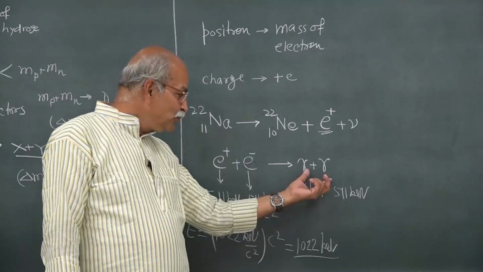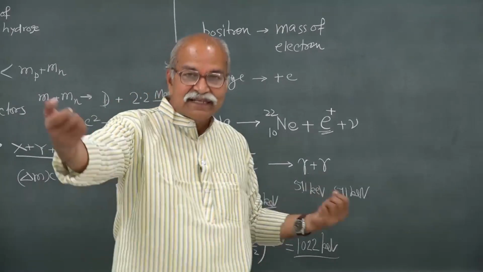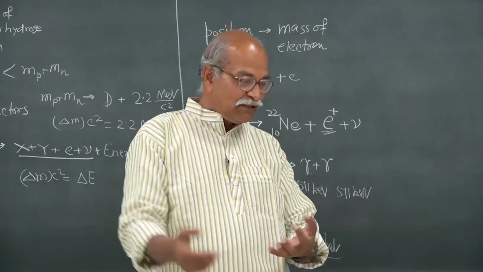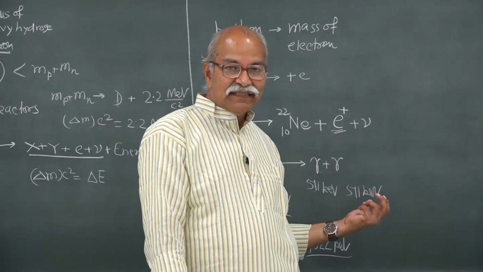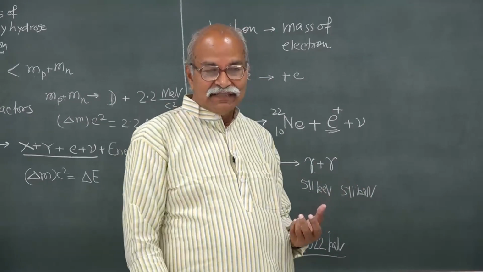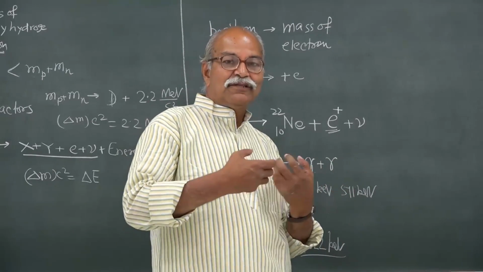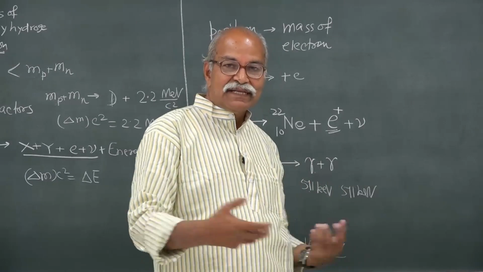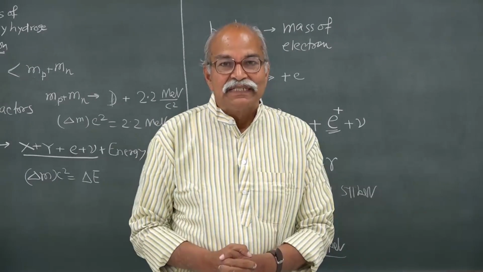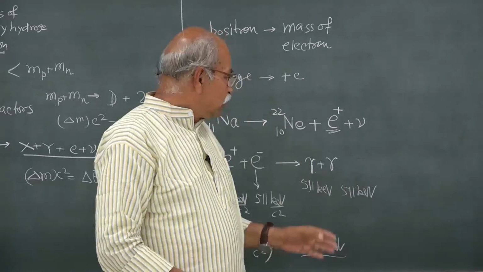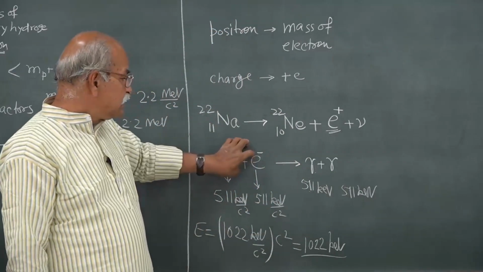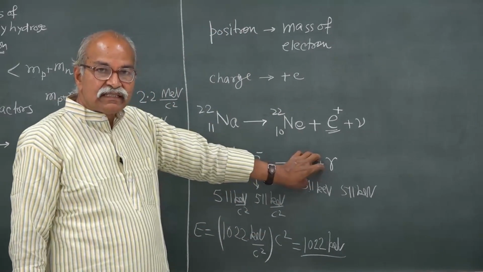So, there are 2 photons going in opposite directions, 511 keV energy here, 511 keV energy here. The momenta are also equal in magnitude, opposite in direction, and the total becomes 0. So, this is direct conversion of material into energy.